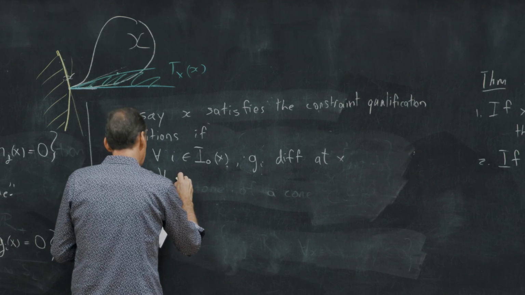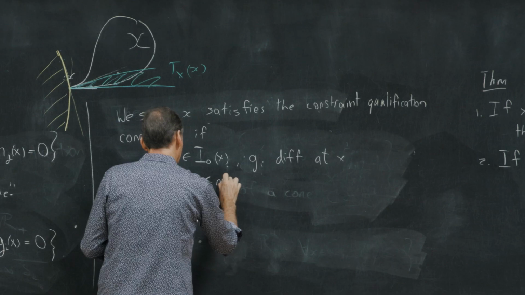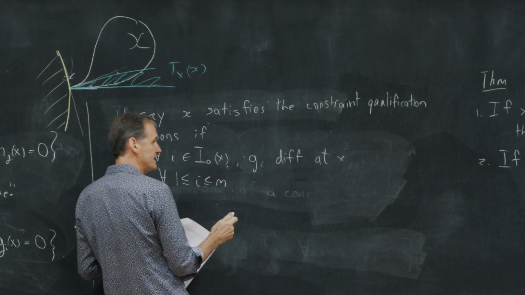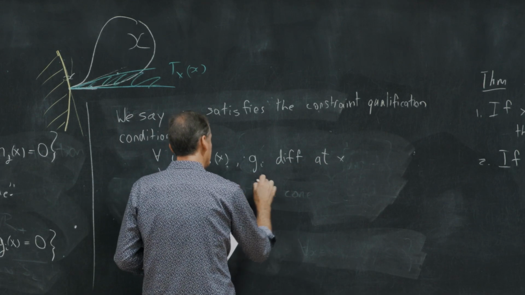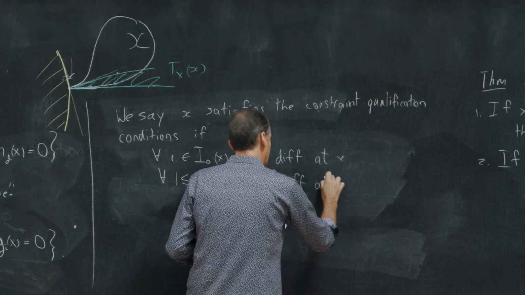And for all indices of the equality constraints, h_i is differentiable at x.